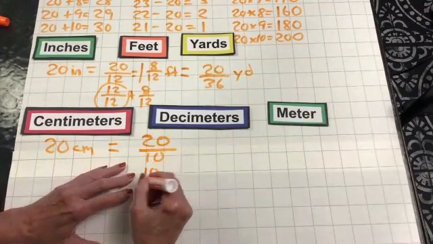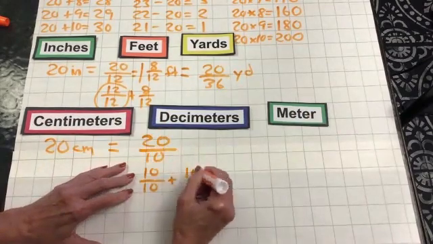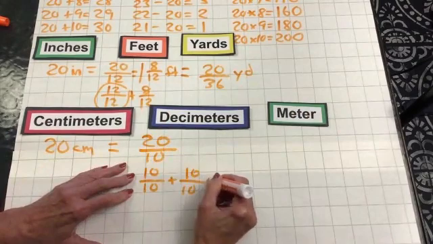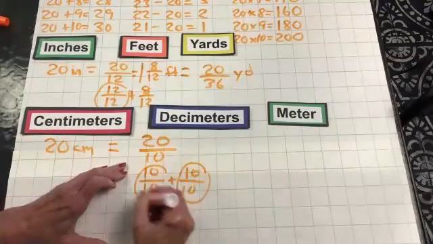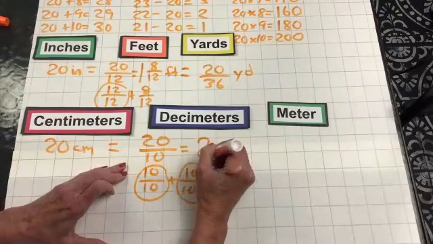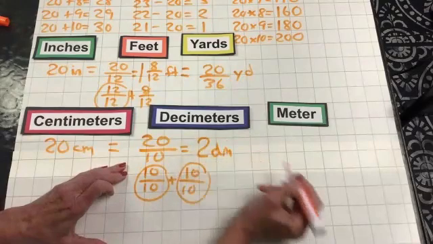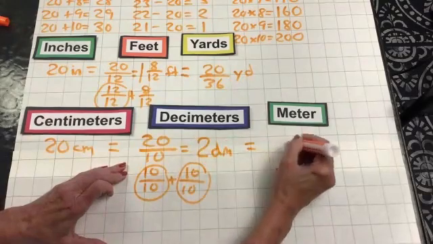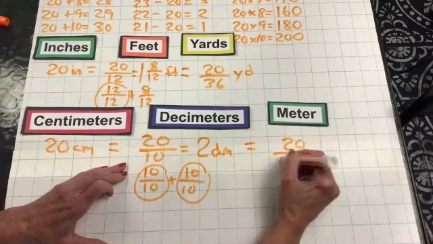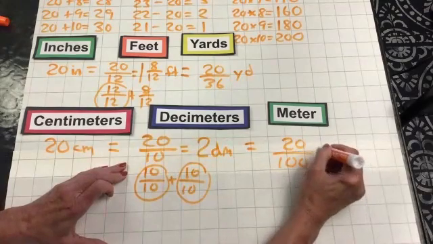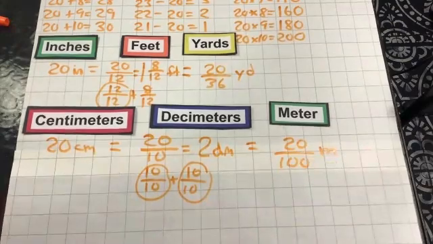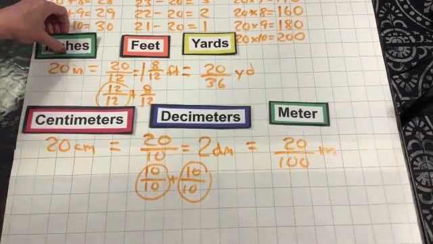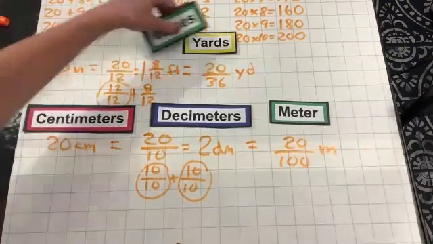So that means I have 10 plus 10. So guess what? That is 2 whole decimeters. And that would be 20 out of 100, 20 hundredths of a meter. So that's our linear measuring length.